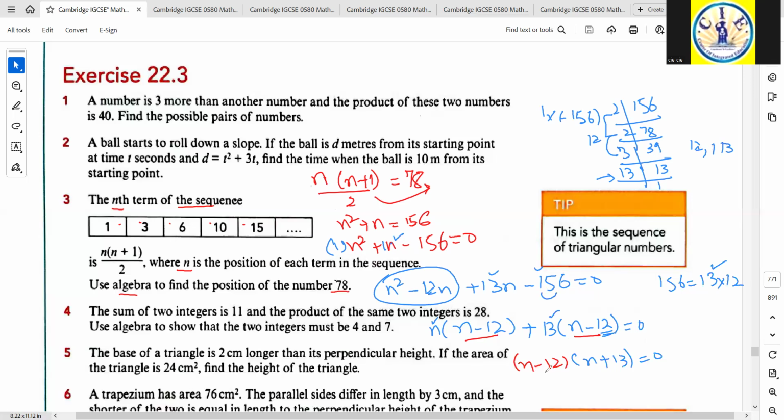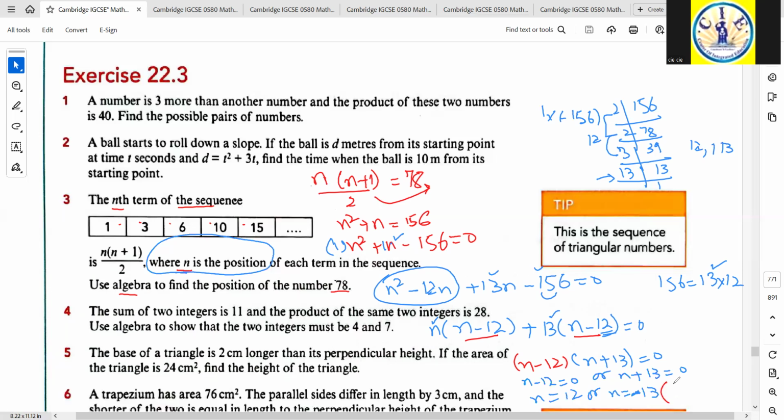So now their product is equal to 0. So either n minus 12 equals 0 or n plus 13 equals 0. That will give us n equals 12 or n is equal to negative 13. Now, what was n? It was the position number, and the position of any term in the sequence cannot be a negative quantity.